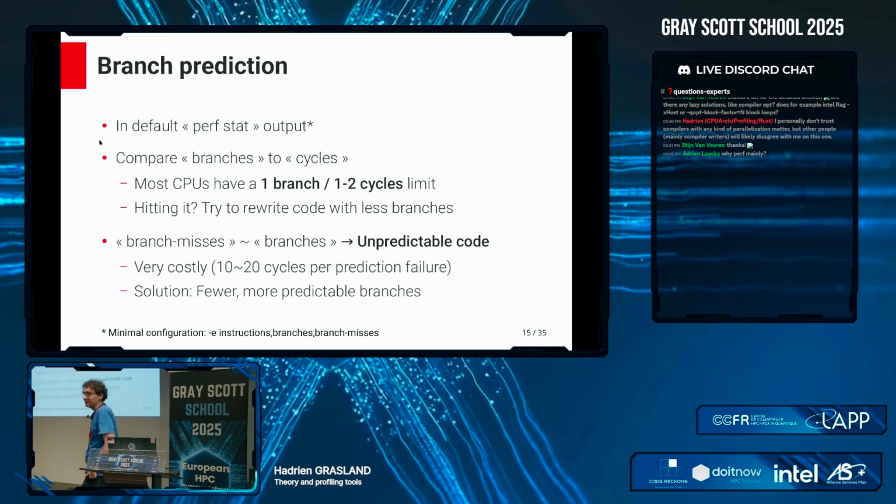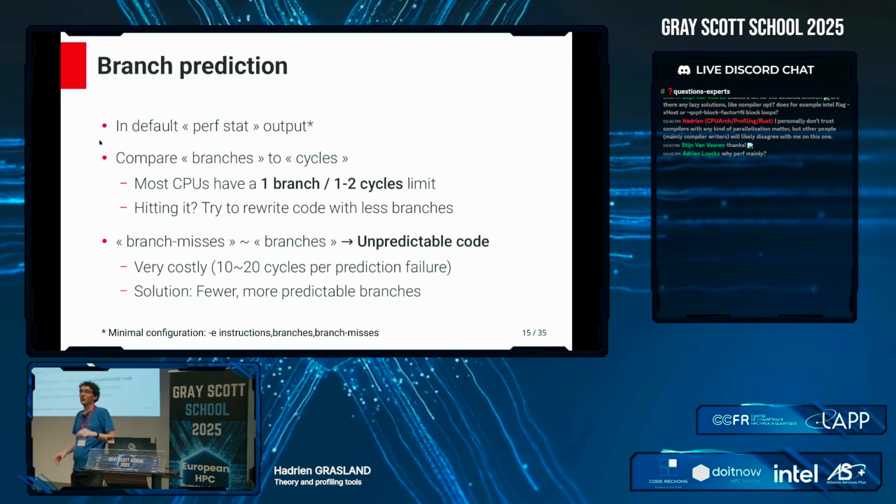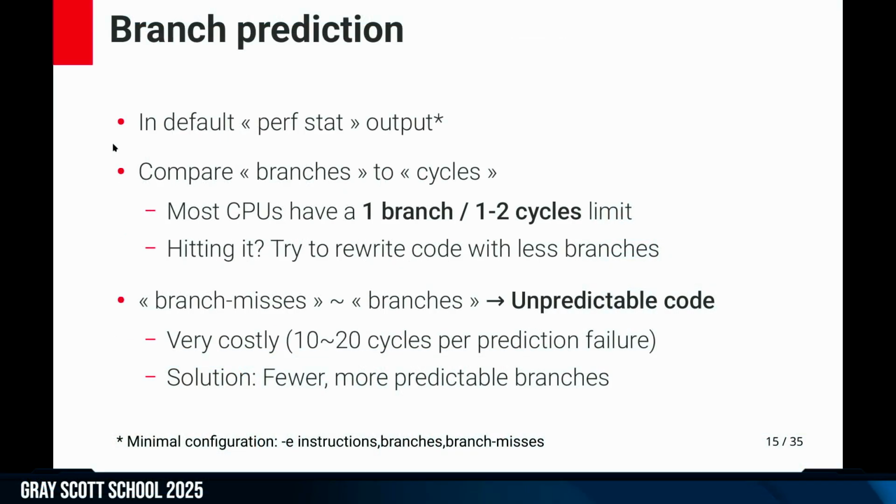Then branch prediction. As I mentioned, when you have conditional logic, if, switch, virtual tables in object-oriented programming, anytime you have that, your CPU must predict where the program is going to go. And it's quite clever, actually, but if you're doing an if based on a random number, it will not manage, right? And that's expensive, so you don't want that.